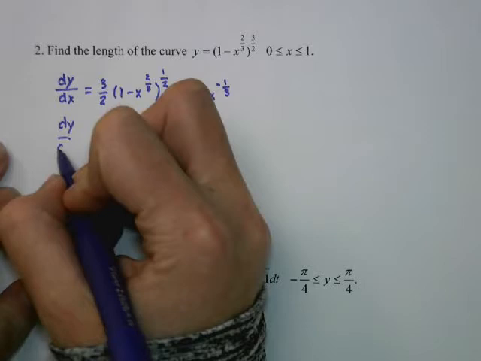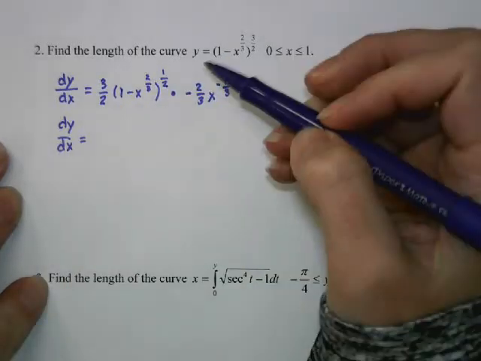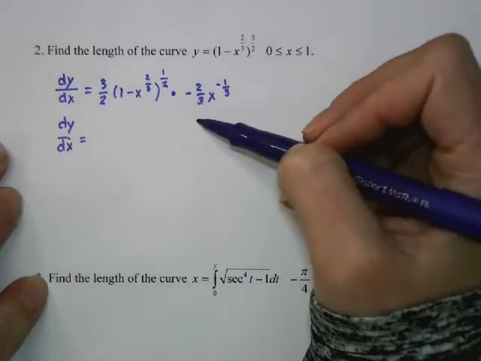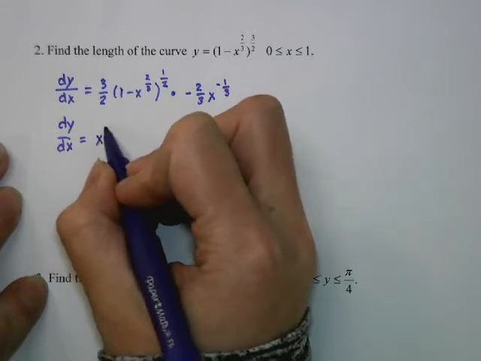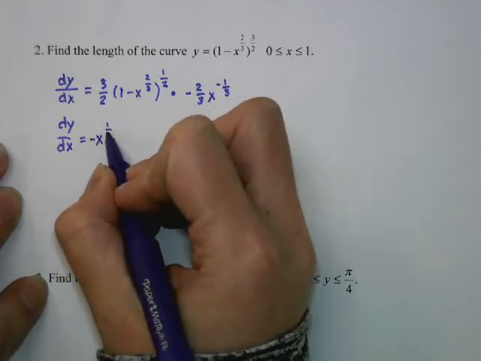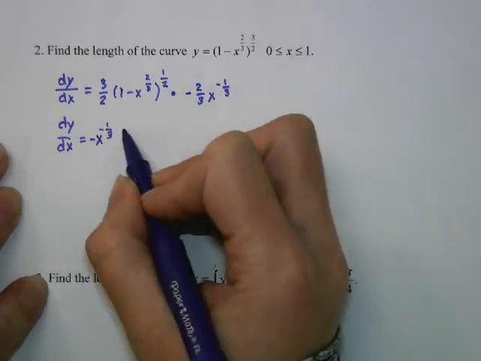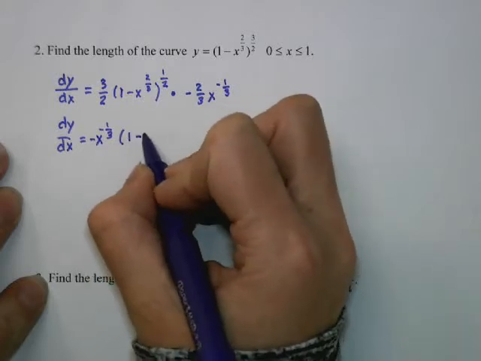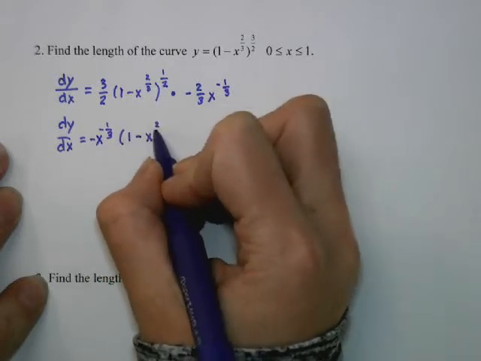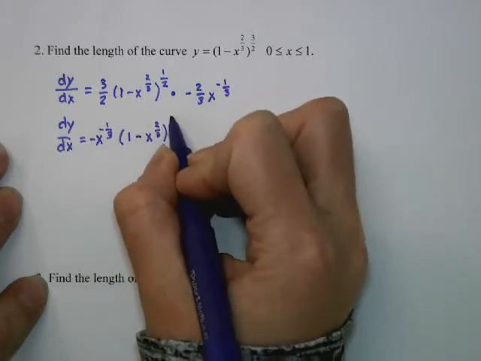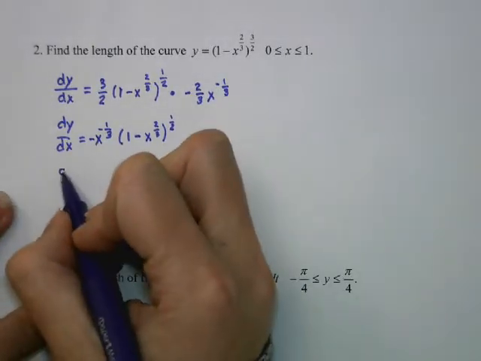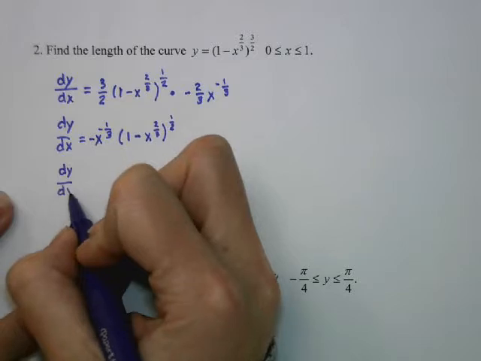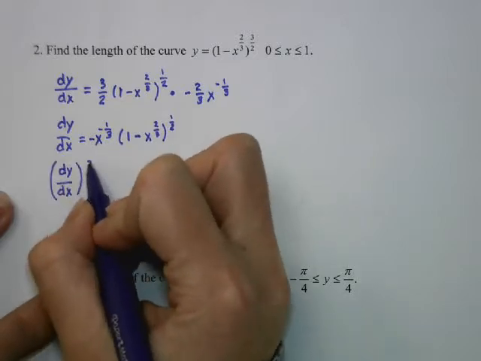Okay, so this is my equation. Now we're going to square it. Okay, so this squared is going to become a positive x to the negative 2/3, because if I take this and raise it to the 2, we'll multiply those exponents. This, if I square it, is just going to get rid of the 1/2. So this is just going to be 1 minus x to the 2/3.